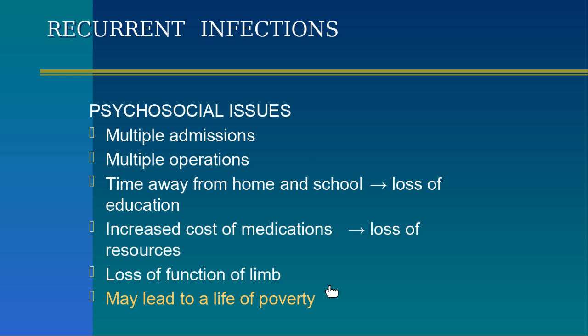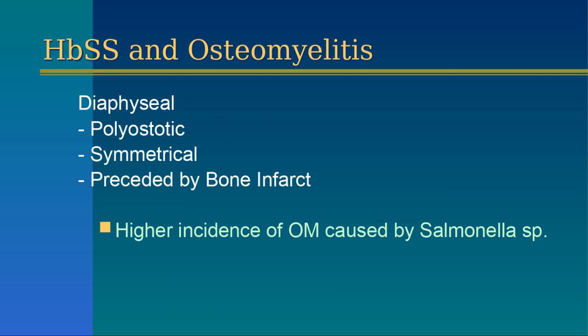Recognizing very early that intervention may actually be needed to mitigate these psychosocial issues when it comes to chronic osteomyelitis. What I want to highlight here before we wrap up is the subcategory of the sickler. So with HbSS disease and osteomyelitis, it's more of a diagnostic dilemma.